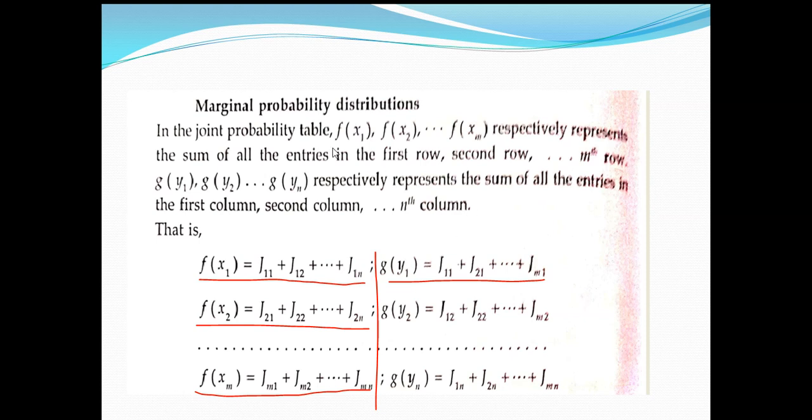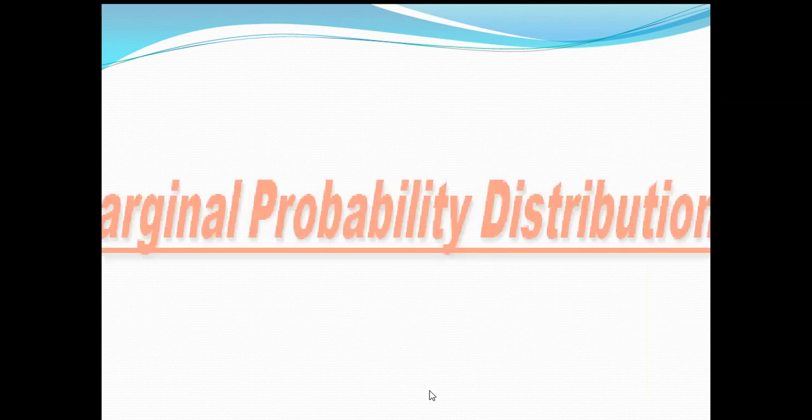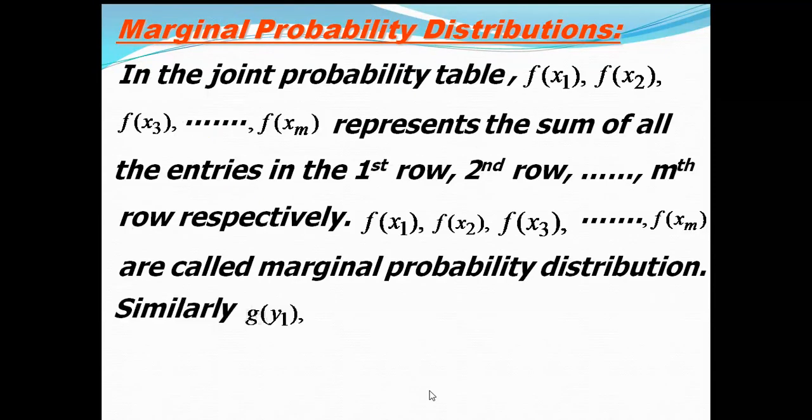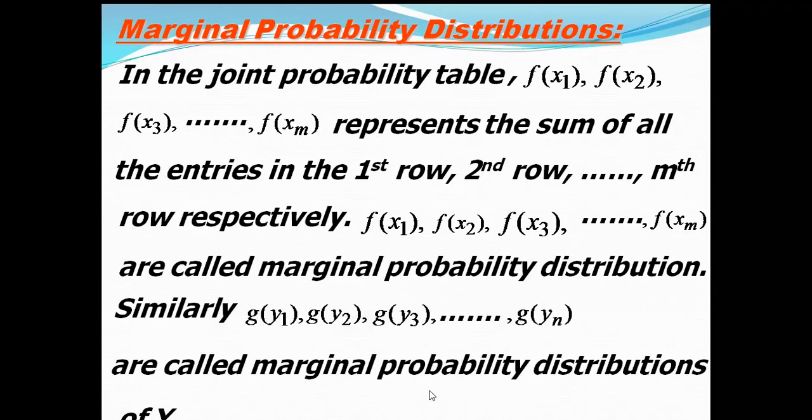That will be represented by f of x1, f of x2, so on, f of xm, and g of y1, g of y2, so on, g of yn respectively. And this is called the marginal distribution of x and y.